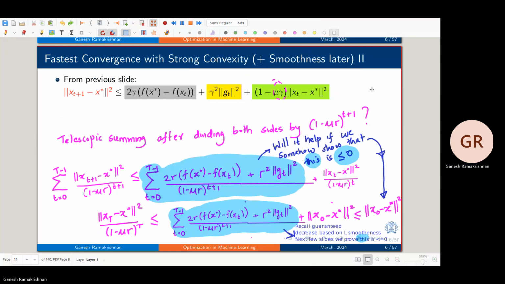Okay, in the interest of time, I'm not going to write all this on board. Here you have (1 minus mu gamma) raised to t plus 1 divided on the left hand side, divided here as well. And you'll have norm x_t minus x star squared over (1 minus mu gamma) raised to t, and you'll have a similar summation on the right hand side.